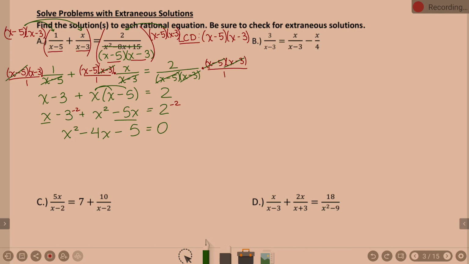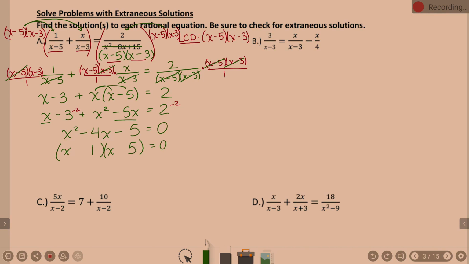What do we do? Factor. Yes. 2 parentheses. X squared is x times x. What's multiplying to be 5? Negative 5 and 1. Okay.